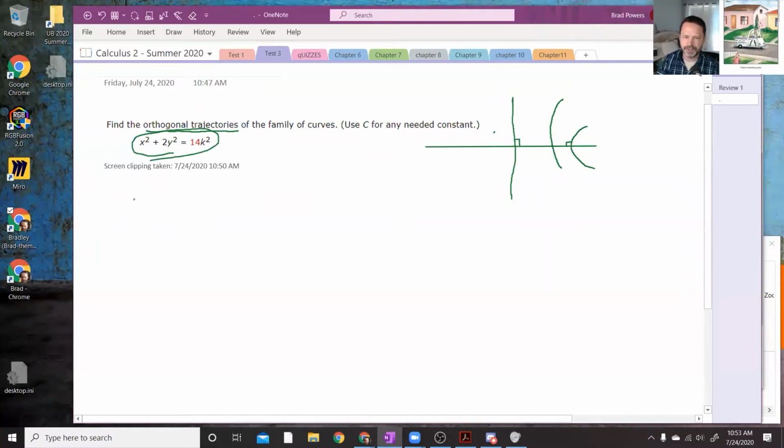So let's just differentiate, and I'll just do it implicitly. So derivative of x squared is 2x. Oh, in this case, x prime is just 1. So it's 2x plus 4y y prime equals, and that's a constant, 0.